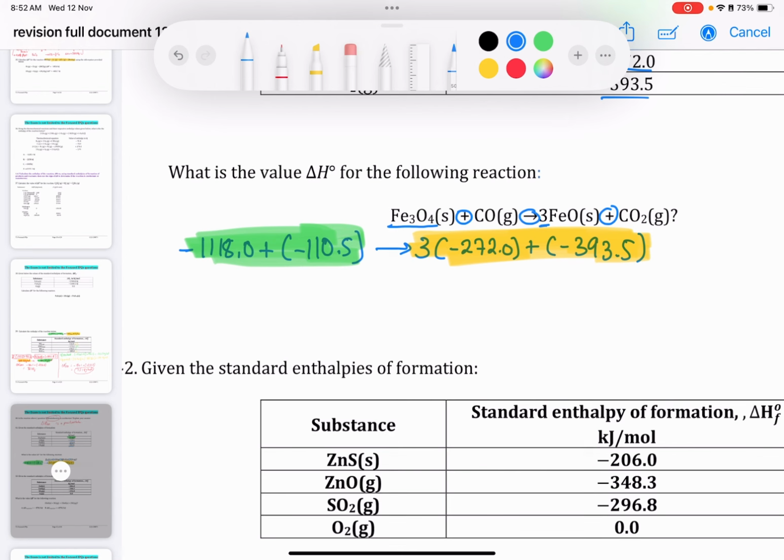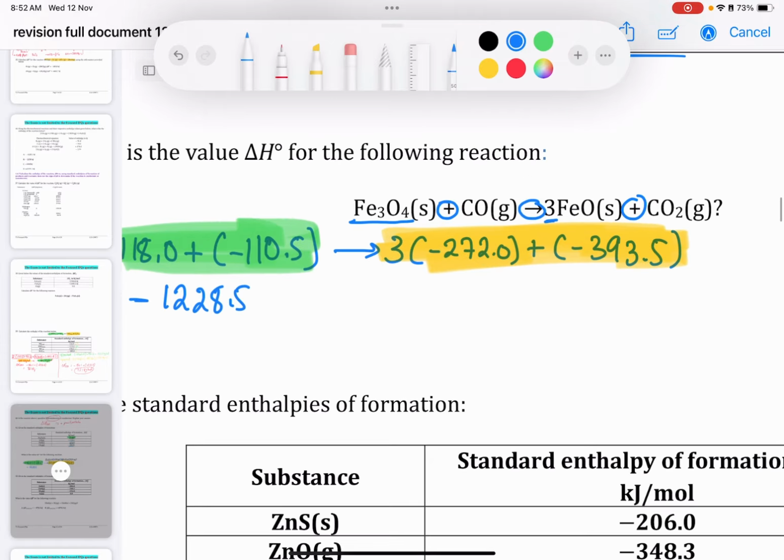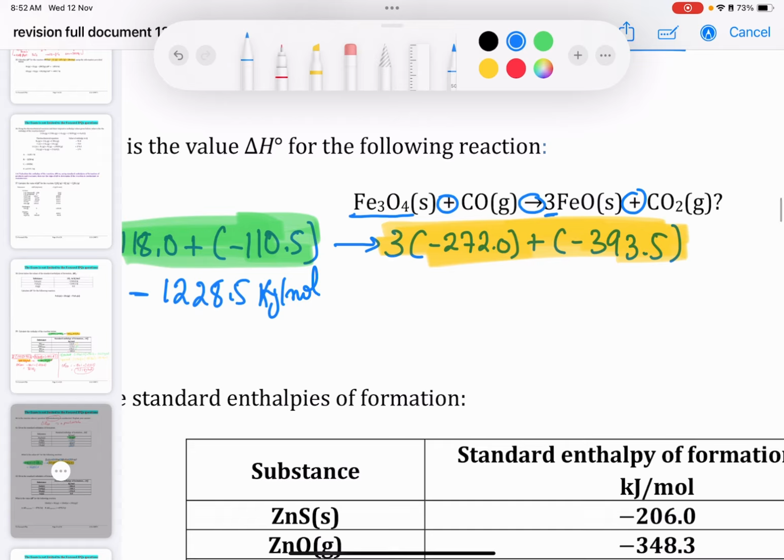So for this one, it is negative 1228.5 kilojoule per mole. And for this one, over here, it is negative 1209.5 kilojoule per mole.